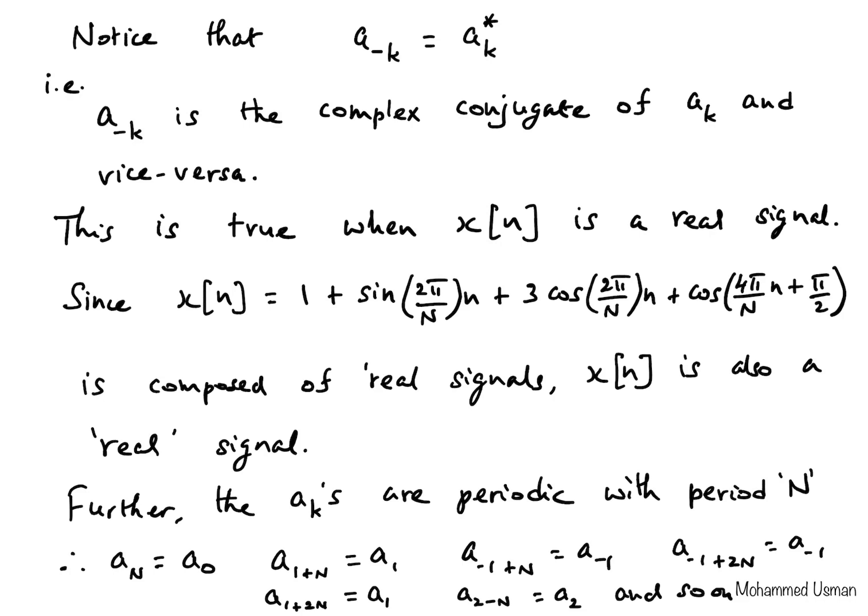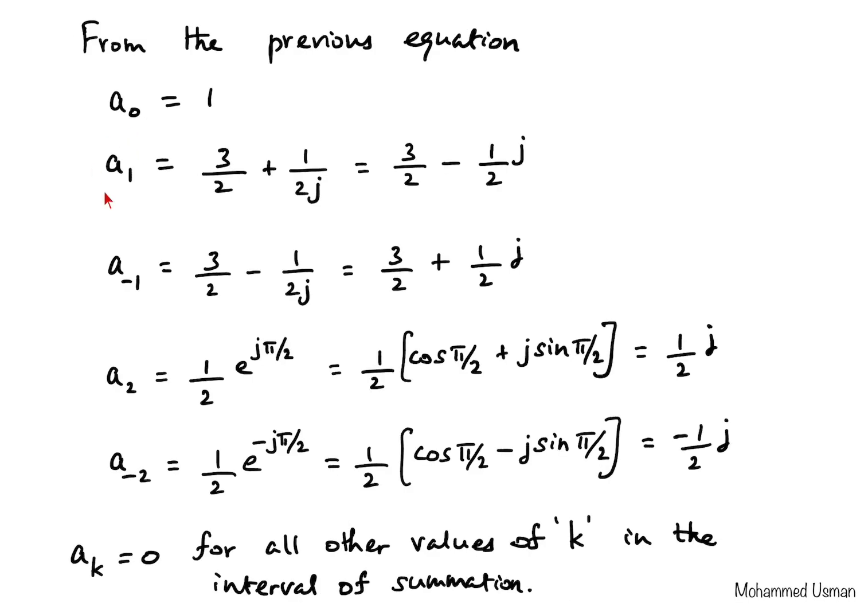So what we notice here is that for this particular case, we have a1, which is 3 by 2 minus half times j. A minus 1 is the complex conjugate of a1, right? That means the imaginary part, the sign is changed. Similarly, a minus 2 is the complex conjugate of a plus 2, right?